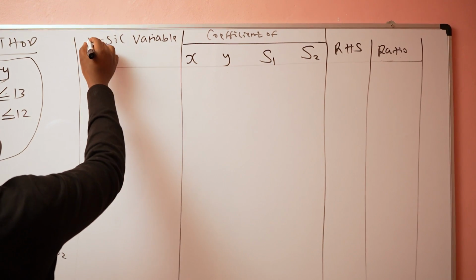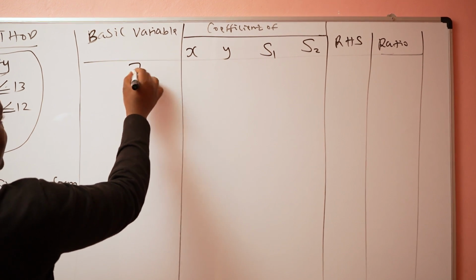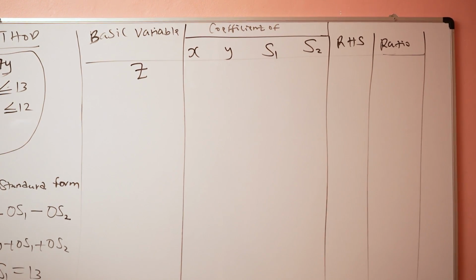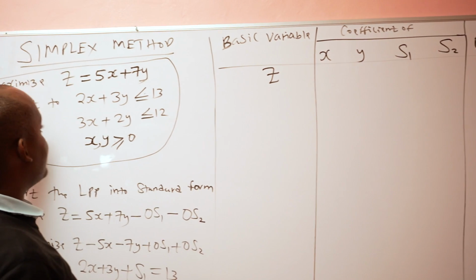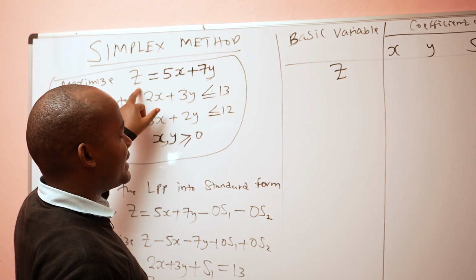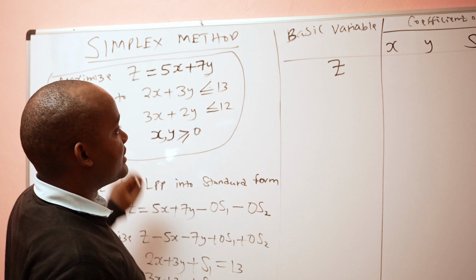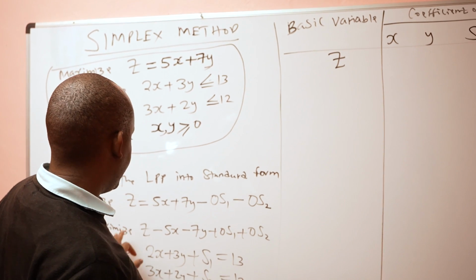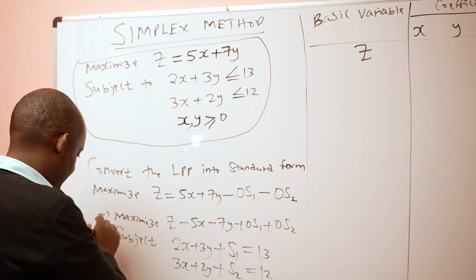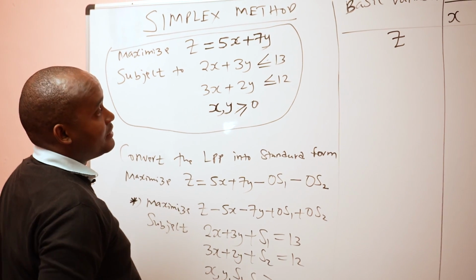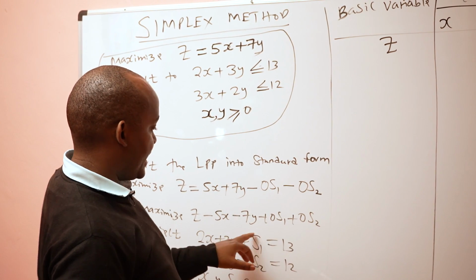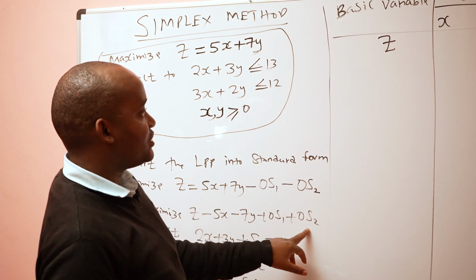So the first basic variable is our objective function, which is z, and the objective is to maximize this z subject to these constraints. Next, it is now the coefficients of x, y, s1 and s2.